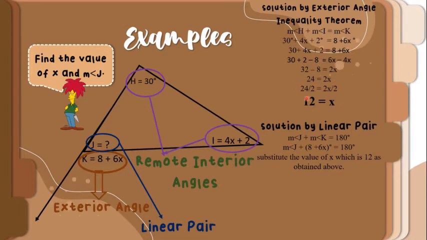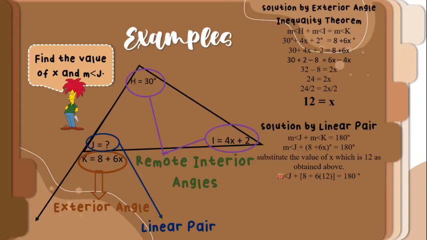We have the value of x here, so x will be substituted by 12. Our equation becomes the measurement of angle J plus 8 plus 6 times 12 is equal to 180 degrees.